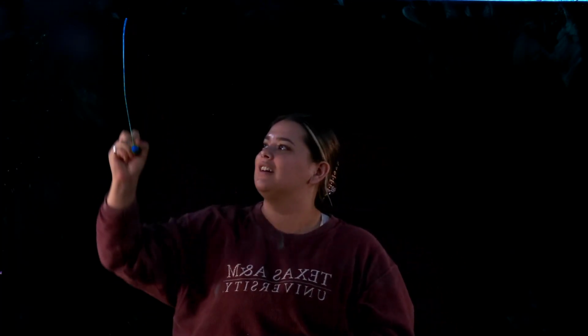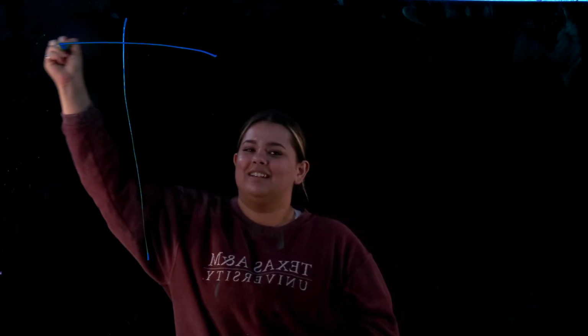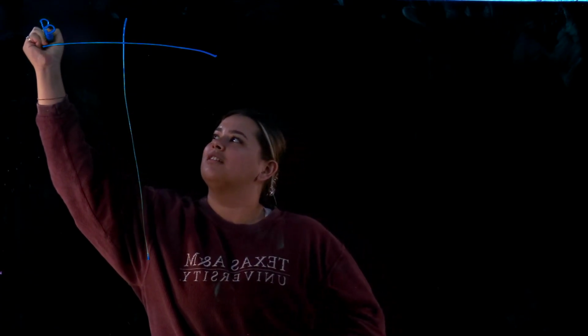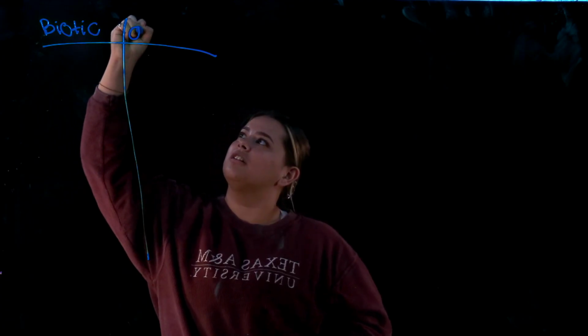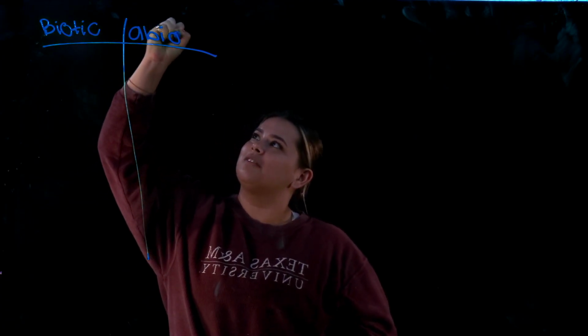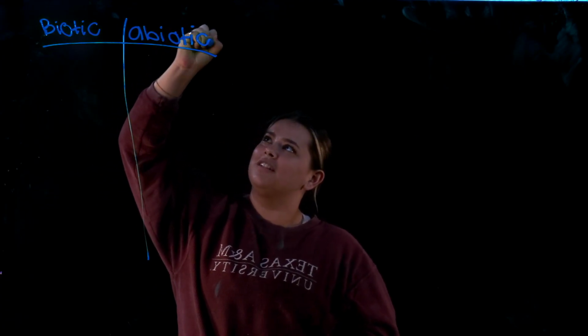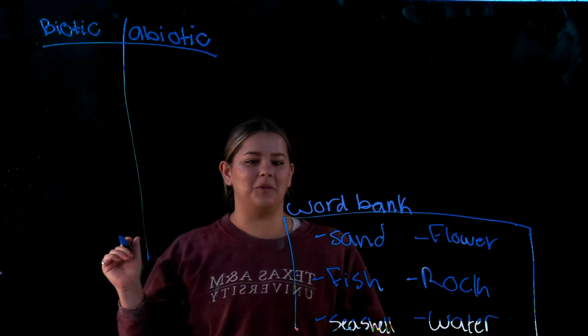Now that we know everything about biotic and abiotic factors, let's see if we could organize some examples. Let's draw a T-chart. Okay, so let's look at our word bank.